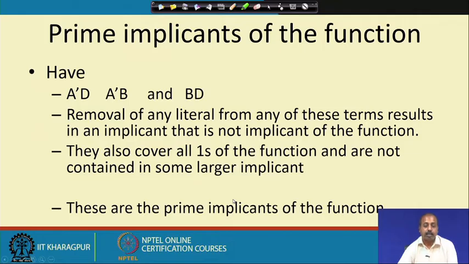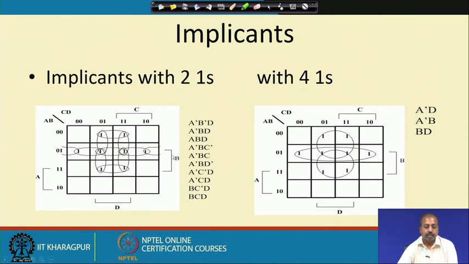We will go back to the example and see that these are implicants. These are also implicants, but this a bar b bar d is contained in the larger implicant a bar d. So, this is that a bar d implicant, covering this lower sized implicant.